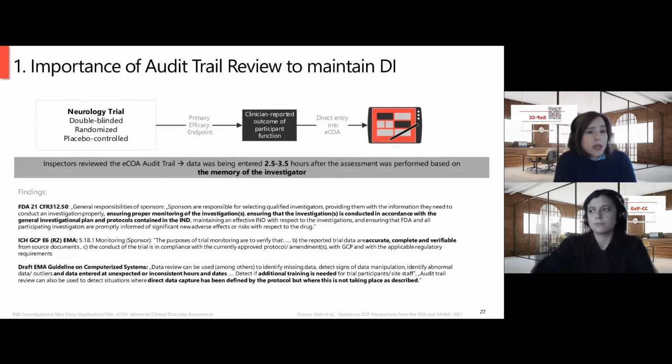So this is a measure that should be implemented so that it is detected on time whether additional training of investigators or investigator staff is needed, or also of participants.